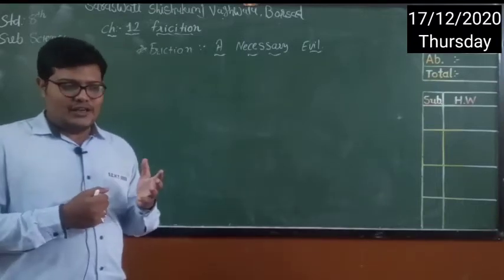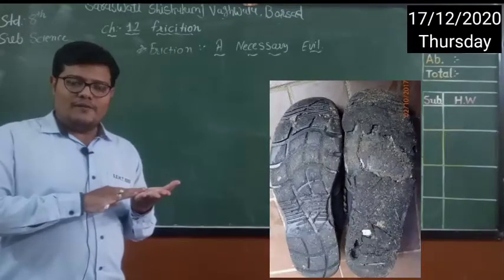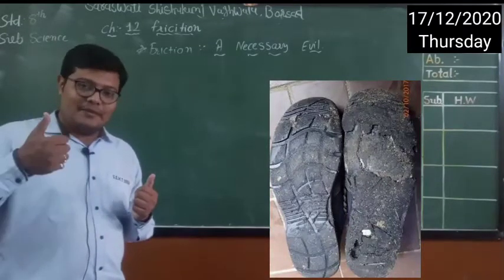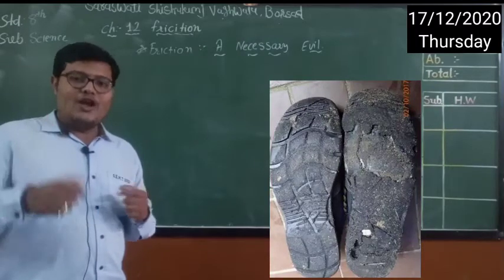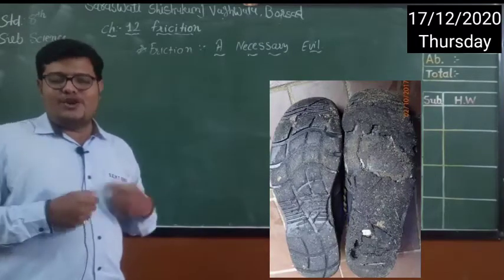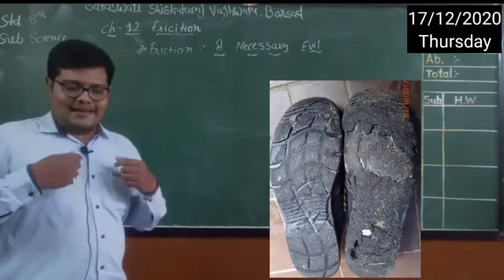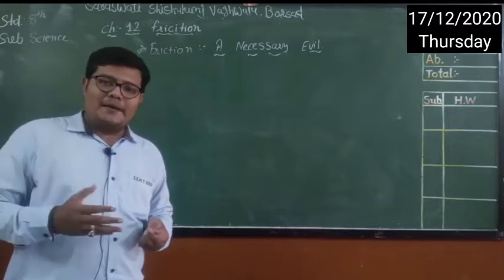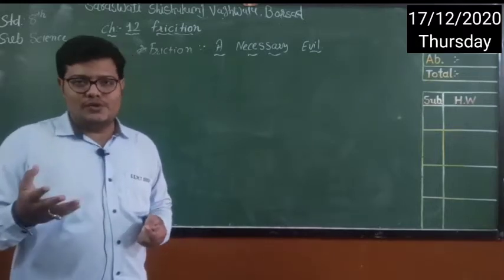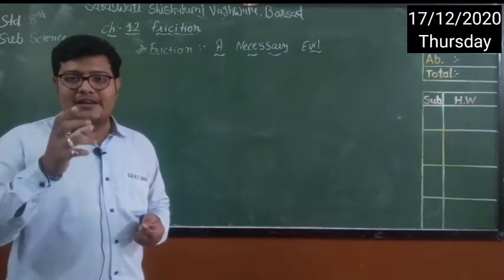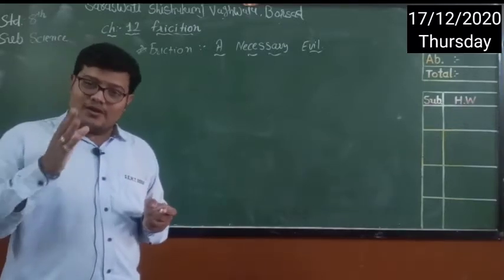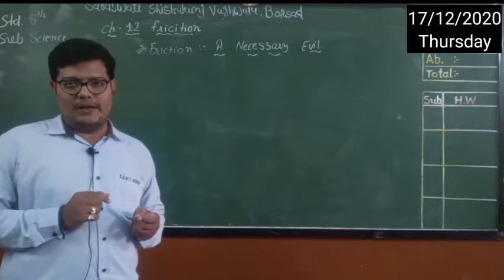If you see the sole of your shoes, it is not the same as when it was new, right? This occurs because of friction. Your clothes also get torn, which is also because of friction. Many spare parts of machines also become useless, like ball bearings and other parts like gears and screws, right? This is also because of friction only.